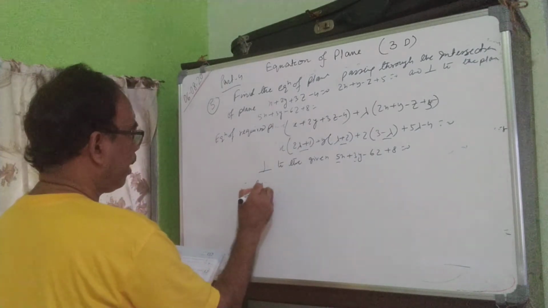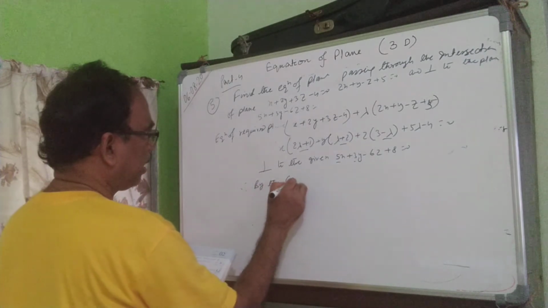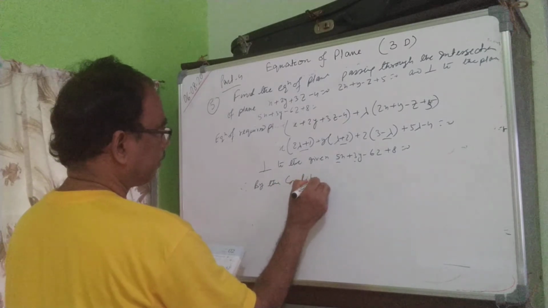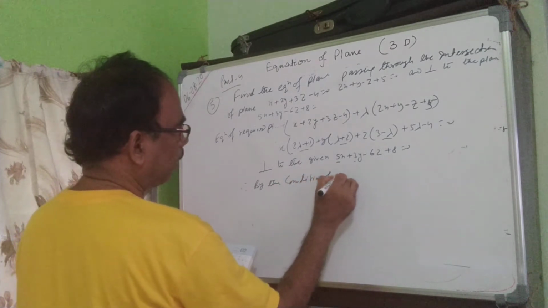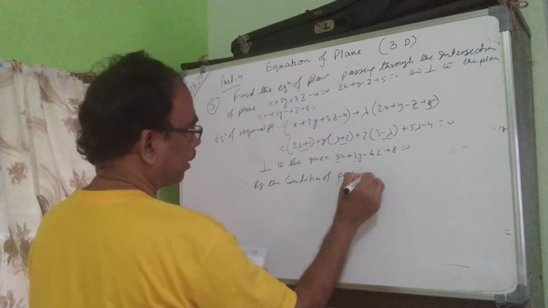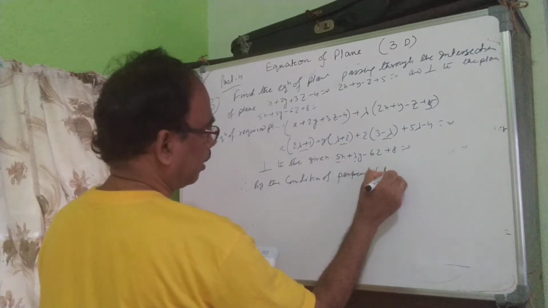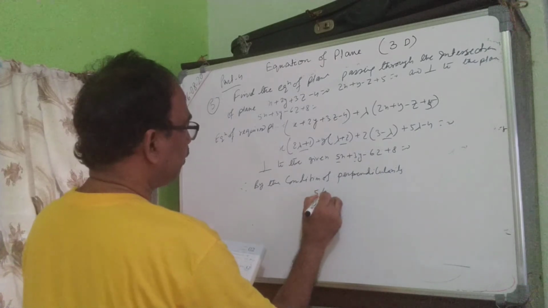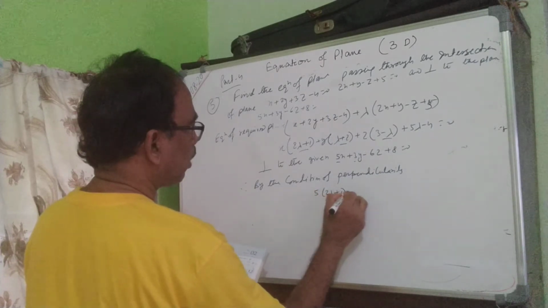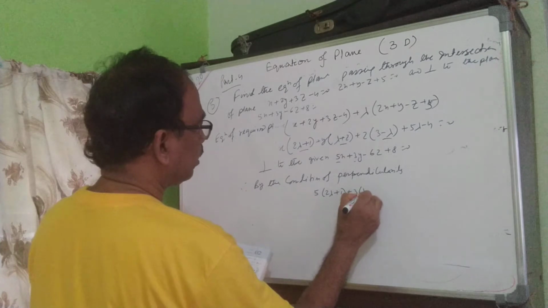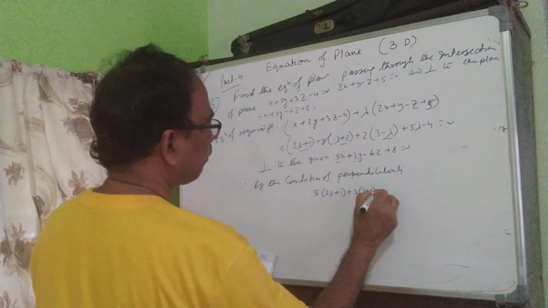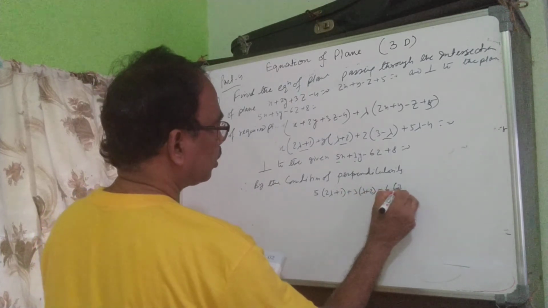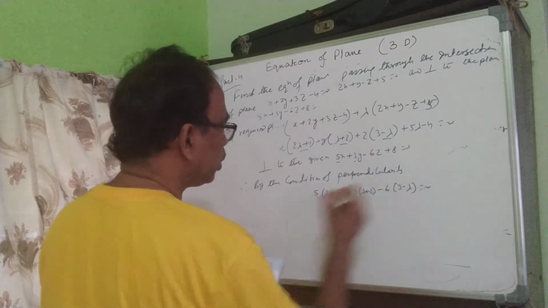Therefore, by the condition of perpendicularity, we can write 5 into (2 lambda plus 1) plus 3 into (lambda plus 2) minus 6 into (3 minus lambda) equals 0.